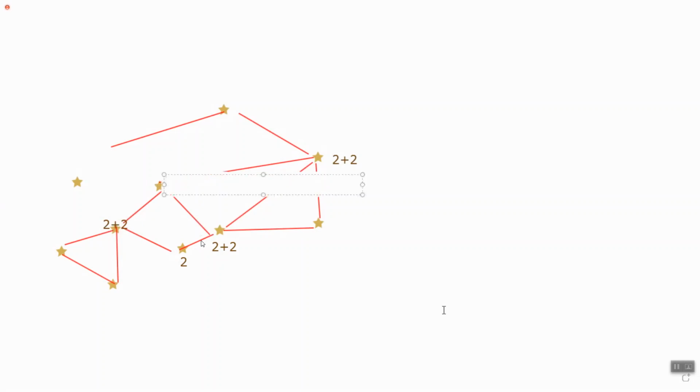suppose from here you visit this vertex and come out.